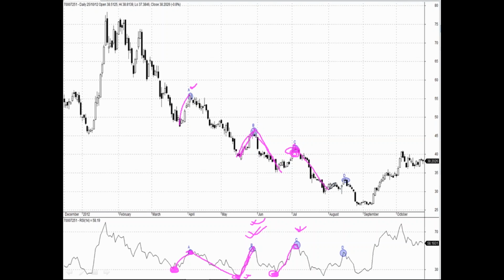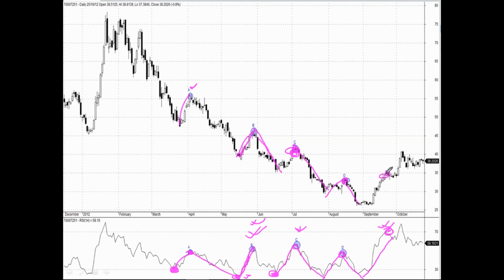Again it moves down. Touches the oversold area. Moves up again. There you go. Again it moves down. Touches the oversold area. Take your sell. Now this time the RSI moves to the overbought area, 70. It touches 70.